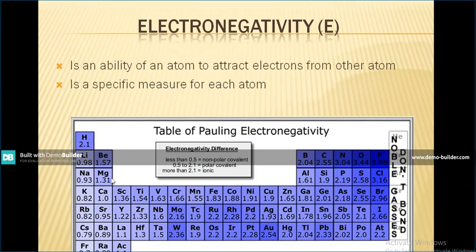Each atom here has its electronegativity, like hydrogen 2.1, beryllium 1.57, boron 2.04, carbon, and so on. Each atom has its own specific electronegativity, which is the ability that leads it to attract electrons from another atom. When two atoms have similar electronegativity, neither easily attracts the other's electrons toward itself.